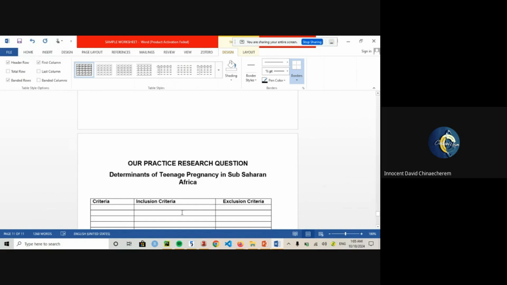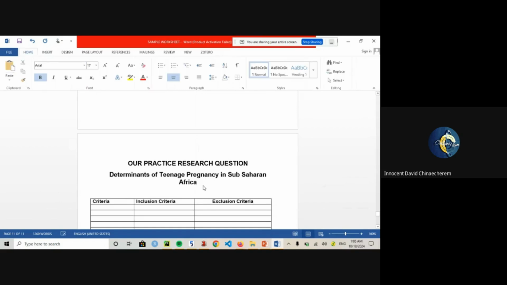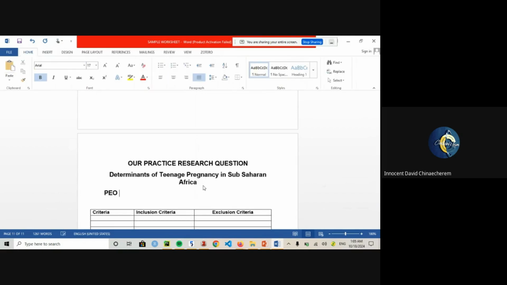Now, for the sake of this video, I'm going to be using the PEO model, and that stands for population, exposure. So having that in mind, I'm going to pick that up and put it in my criteria.